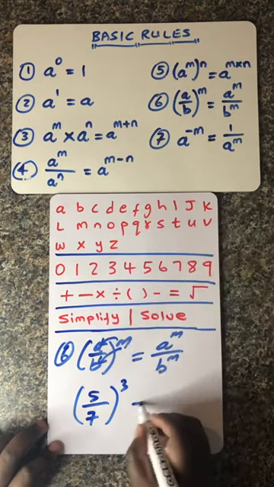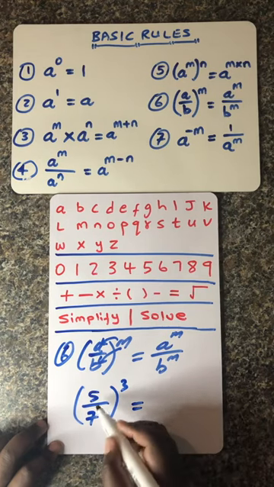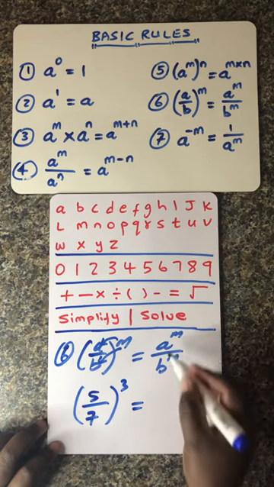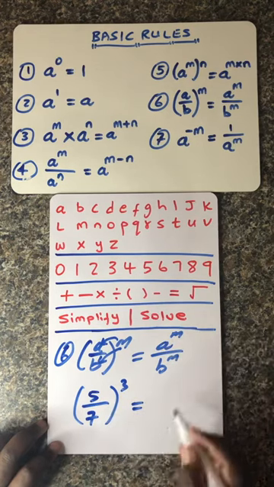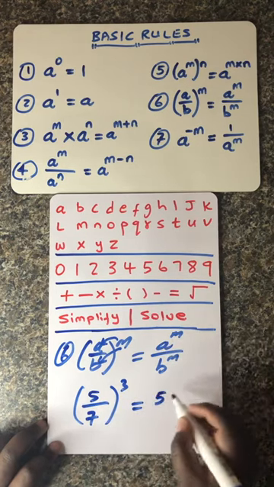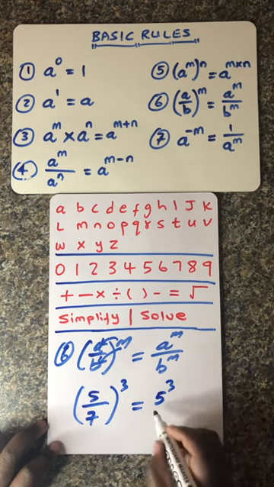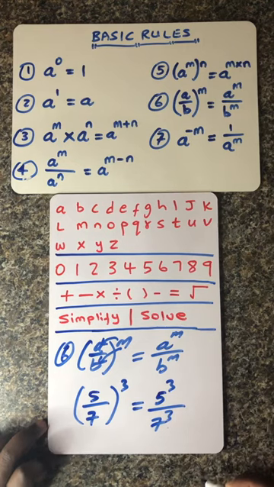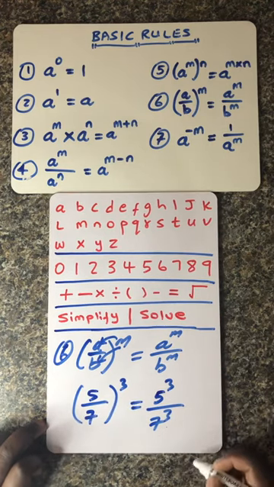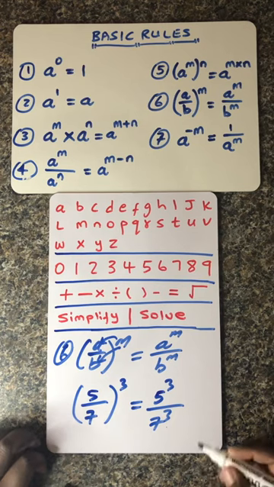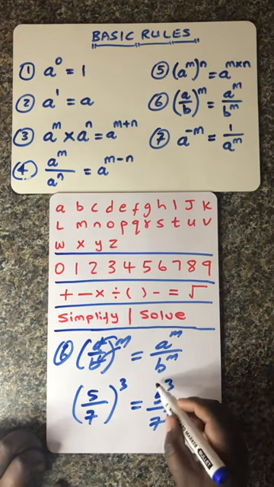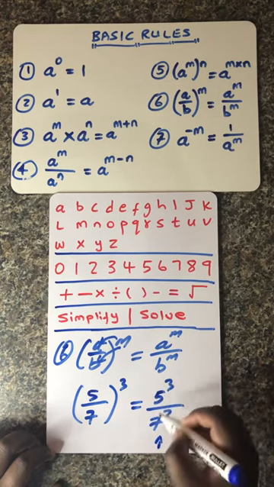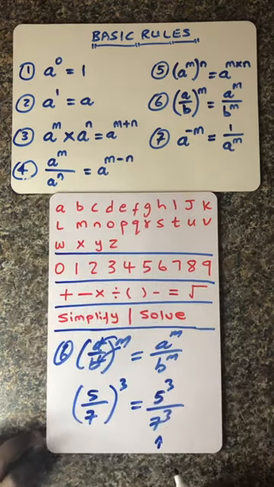Okay, so what it means, guys, is that all of this information must be represented on the right side. Our a, in this case, is 5, so you've got 5 and you power it by 3. You've got 7, you power it by 3. Can you see? So guys, this part is almost the same as that one, isn't it?